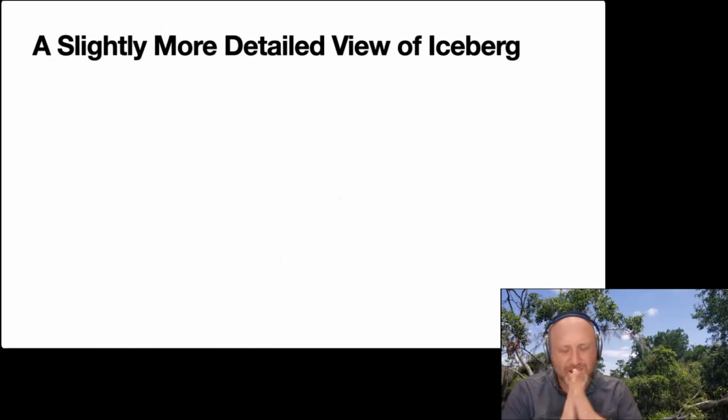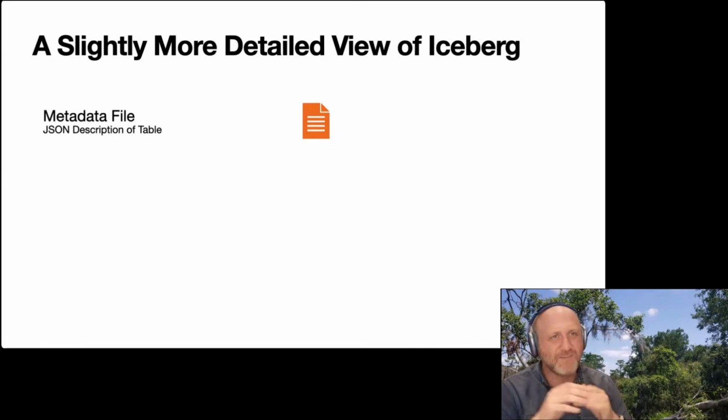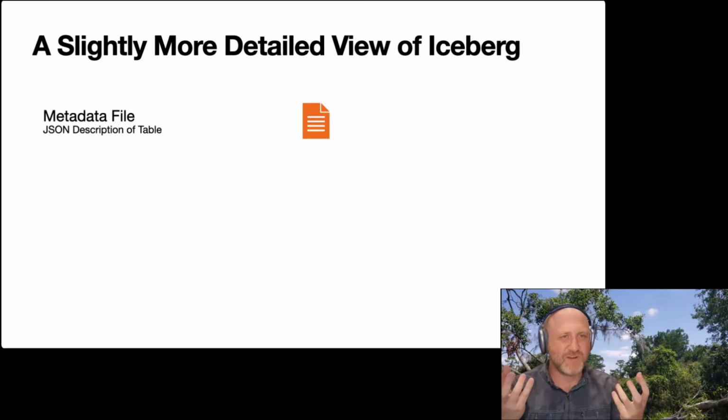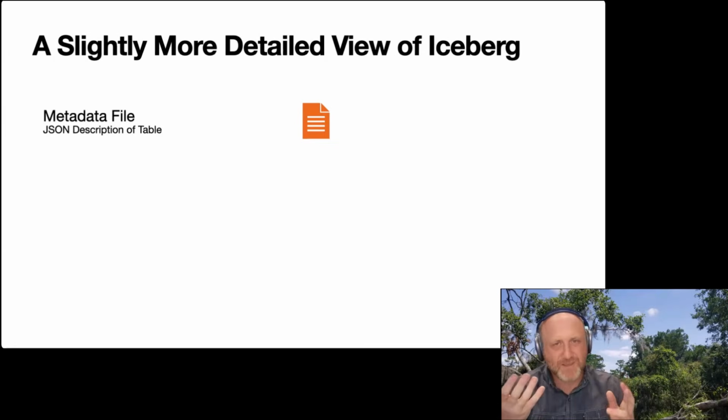And the way that we lay this out starts with something we call a metadata file. And this is basically just a JSON description of a table. It's got a bunch of fields and entries. We're going to go through some of them later. But the main thing to know is that it's got the schema and things that describe how the table is generally shaped. And that metadata file is going to list several snapshots.